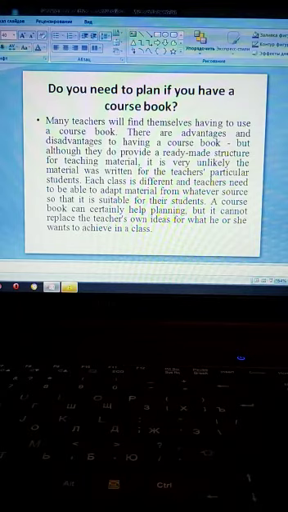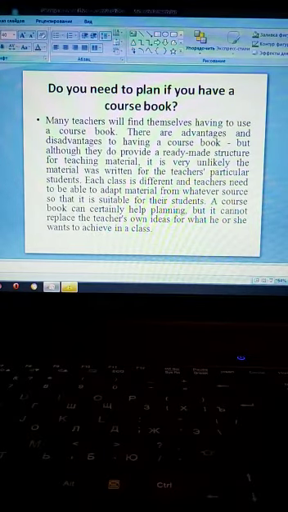Each class is different and teachers need to be able to adapt material from whatever source so that it's suitable for their students. A course book can certainly help planning, but it can't replace the teacher's own ideas for what he or she wants to achieve in a class.